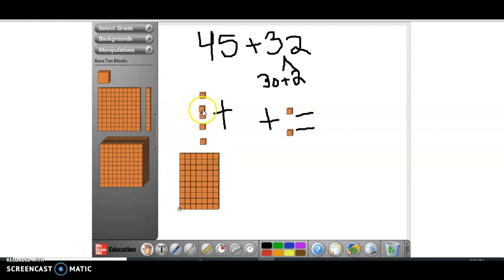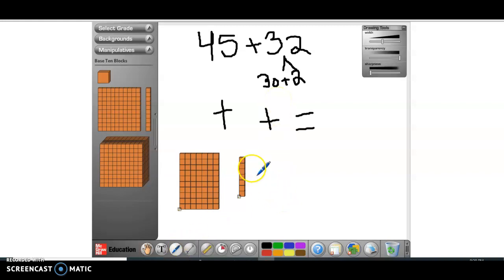Put those all together. We have 1, 2, 3, 4, 5, 6, 7 ones. So if we count these, we know that 45 plus 32 is equal to 77.